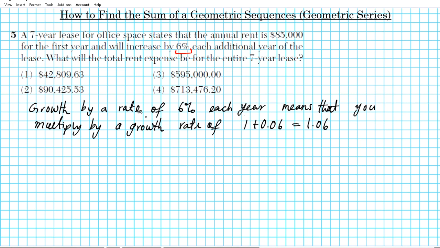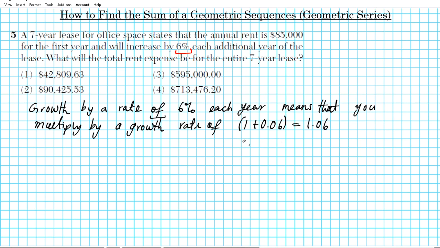Growth rate of, this word of right here indicates multiplication. Whenever you have a rate of a particular percentage, you multiply by that percentage. Either if it's a growth or decay, you subtract or add from 1 and then you multiply.